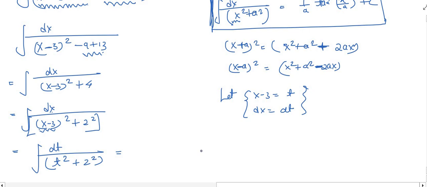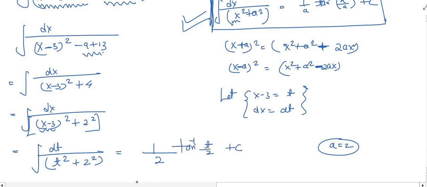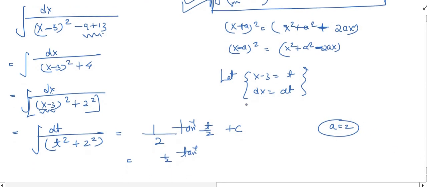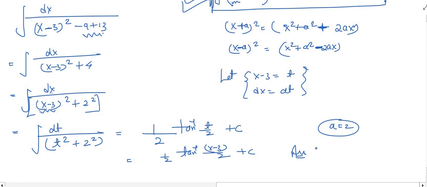So I am ready to use this formula, this one. So it is 1 by a. What is a here? A is 2. So 1 by 2 tan inverse of t by 2 plus c. And guys, what is t here? T was x minus 3, so x minus 3 by 2 plus c. This is my answer. I hope you understood.